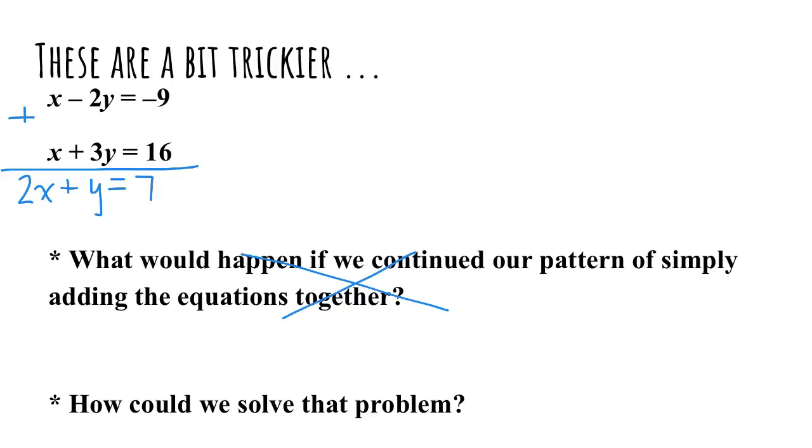Well, yet. So let's think back. Our original system was x minus 2y equals -9, and x plus 3y equals 16. If I'm looking to eliminate either my x's or my y's, it might be best to eliminate my x's. And that would be possible if only one of them was a negative.